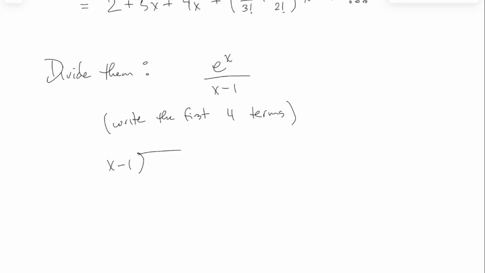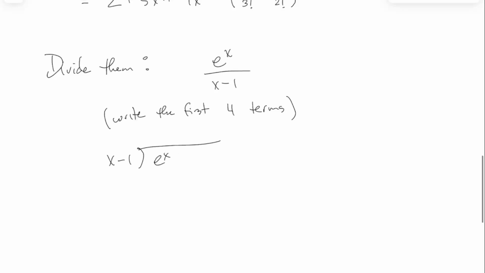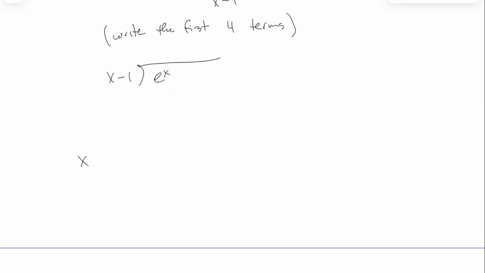X minus 1 divided into e to the x. But e to the x we're going to write as a series. I'm going to scroll down a little. Over here, the series. Instead of x minus 1, I'm going to write -1 plus x. You'll see why in a moment.